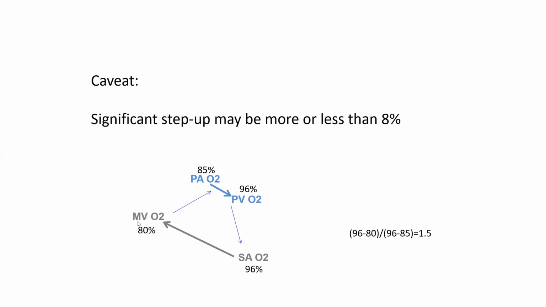Conversely, the higher that mixed venous O2, especially when it's high in a patient with a high systemic output, meaning the higher the systemic cardiac output, the lower the step up that is needed for the shunt to be significant. And in general, that 8% is more applicable for the 60s, 70s% mixed venous O2.